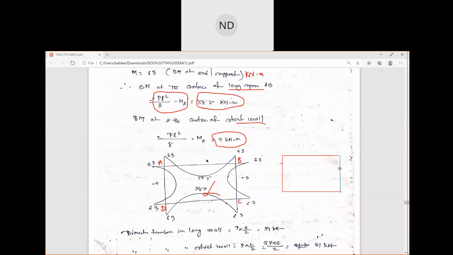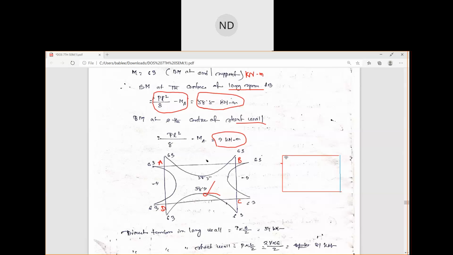Now this is point A, this is B, this is C, this is D. At the supports we have 63 kilonewton meter, all minus.